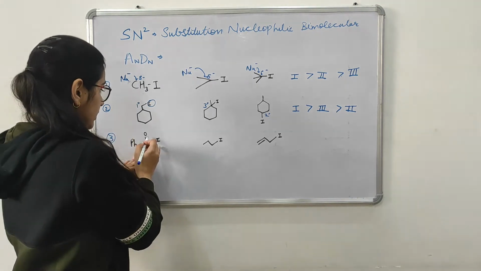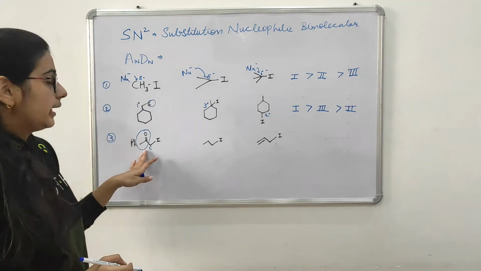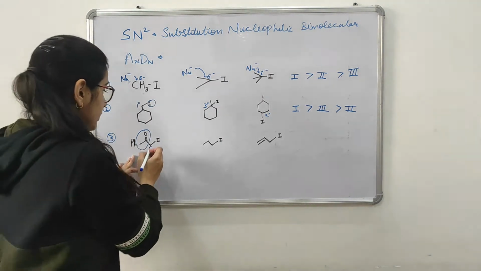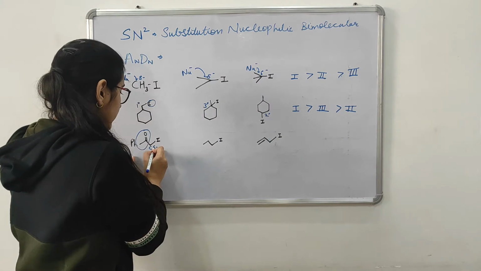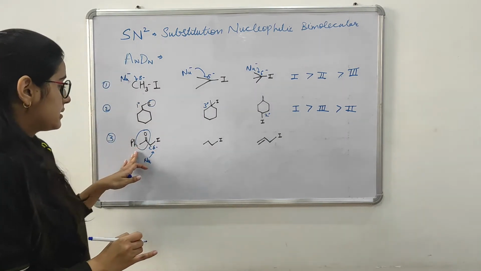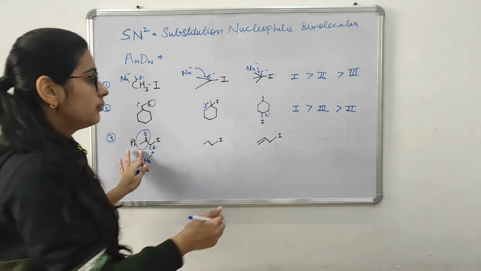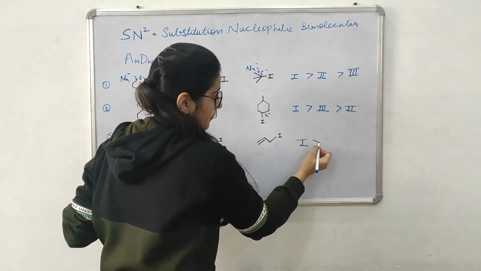Here we have this group attached on this carbon, which is an electron withdrawing group. So this will make the partial negative charge on this carbon more stable when nucleophile will attack. That's why its reactivity will be the fastest.